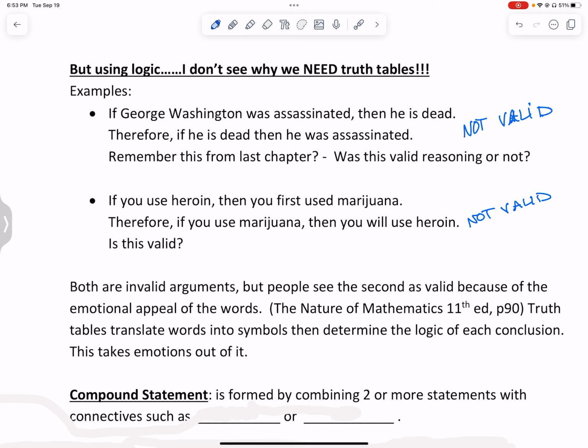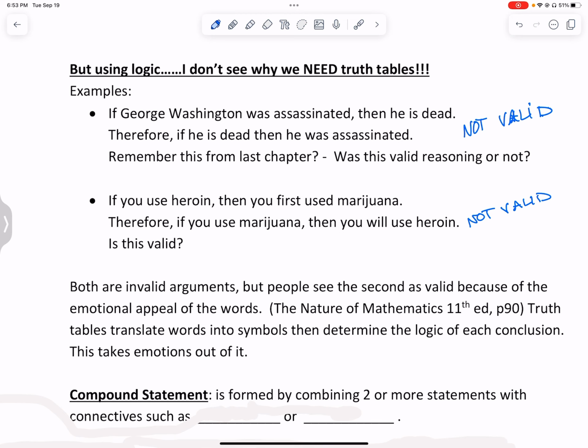Some people have a lot of emotions tied to this. If you use marijuana, then you're going to use heroin. Maybe someone who has been addicted to stuff, and they want to make sure nobody gets on heroin, so they're going to say it's valid because they're letting their emotions get into it instead of looking at just the logic.